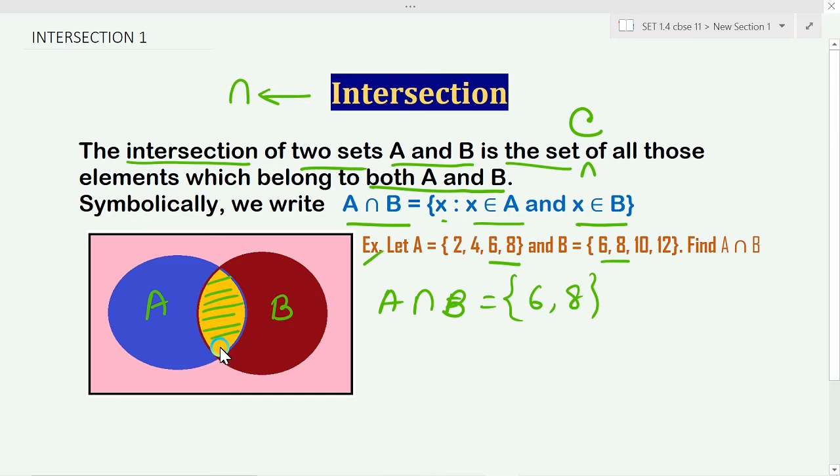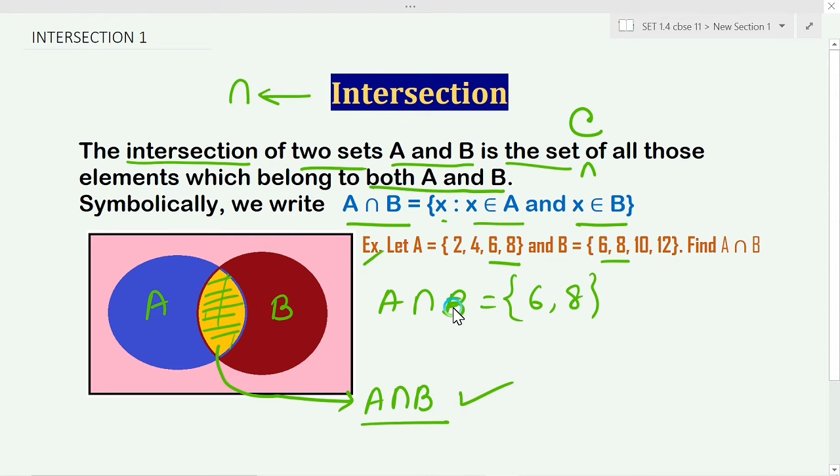So this common area represents A intersection B, that is, any elements in this common area are elements of A intersection B. So this common area shows A intersection B.